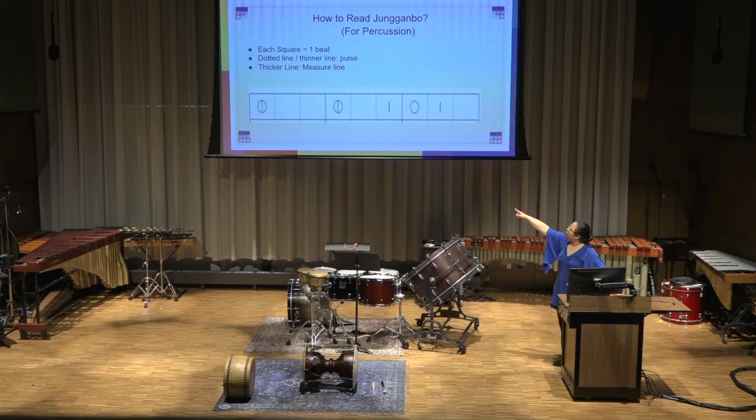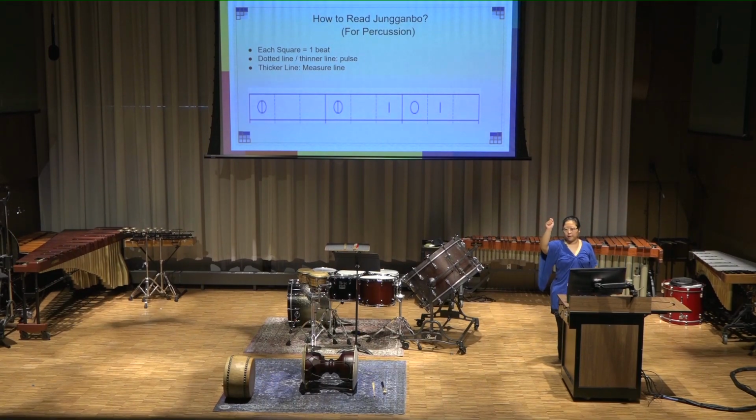As you see on the very left, we have a circle with a line in the middle. That means using both hands. A straight line means right hand, and the empty circle indicates the left hand.